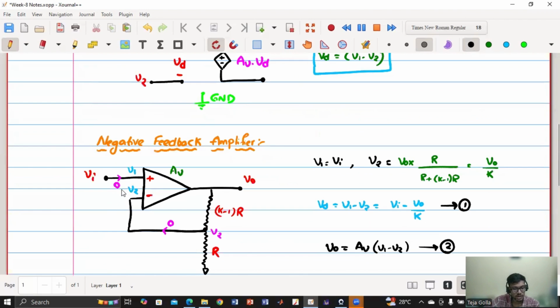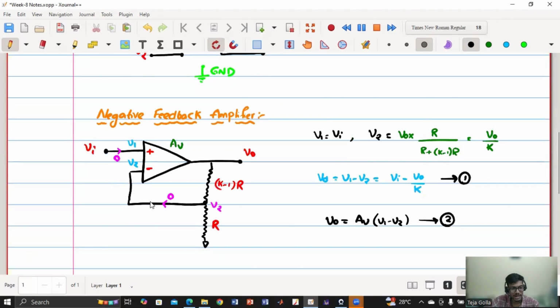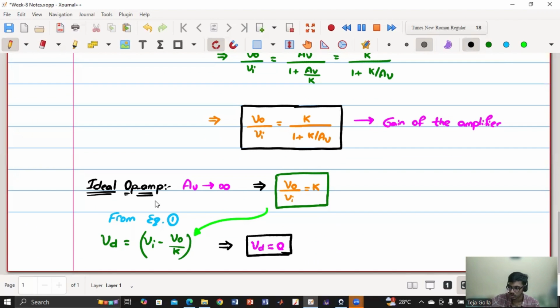The difference between the voltages is 0, which means the positive terminal and negative terminal are virtually shorted because we are not getting any potential difference. That means there is no potential difference between these two terminals, but we are not shorting them. But our math is saying that they are shorted, which means they are virtually shorted.